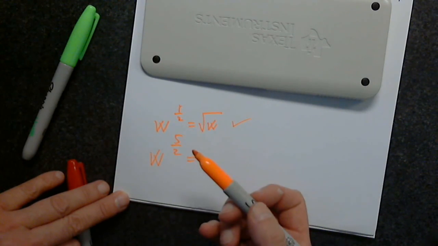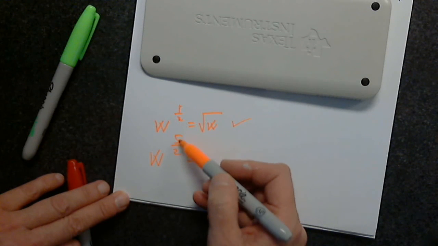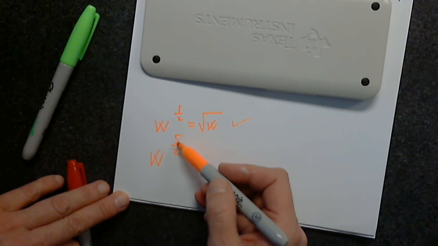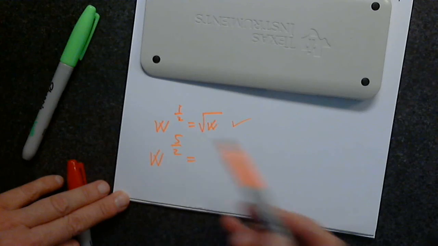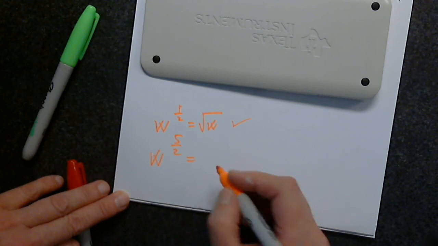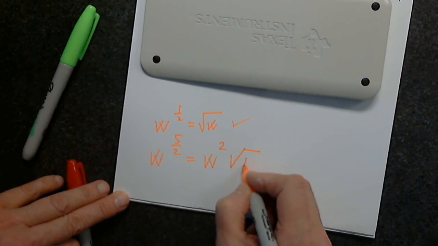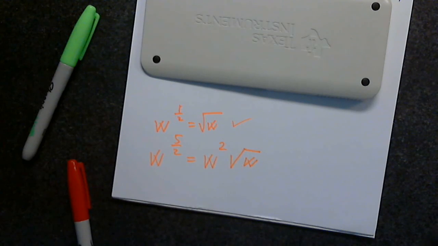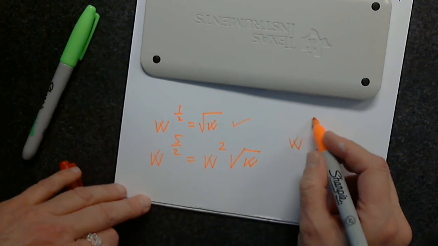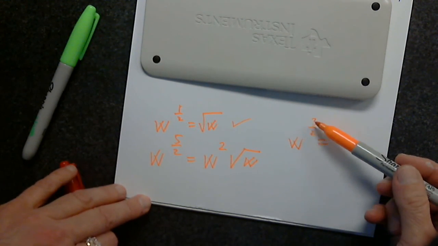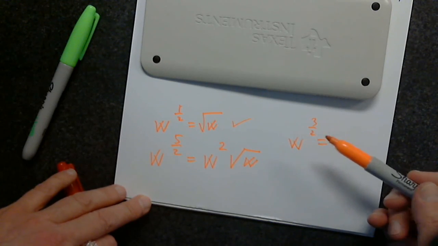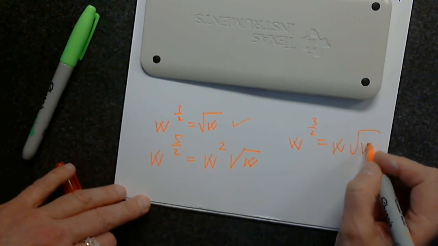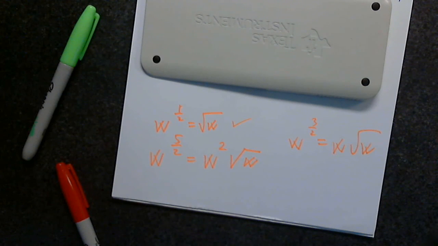But here it is the other way around. The numerator is bigger than the denominator. The denominator is smaller than the numerator. So when you take the integers out, 5 over 2 is 2 integers. So this can be further simplified. And if you understand this, or even, let's say, w to 3 halves, 3 over 2 is 1 integer and 1 half, then you will have no difficulties quickly, because sometimes this takes time, right?